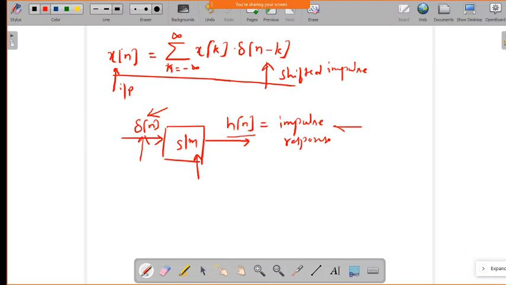Okay, so this is one of the methods we can use to find the system response, and there are other methods. We'll do it later. So the first one is the output of the system response in terms of shifted impulses.